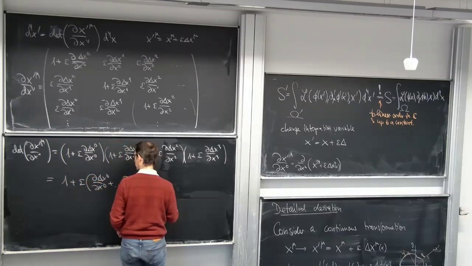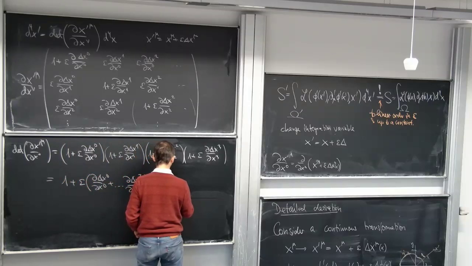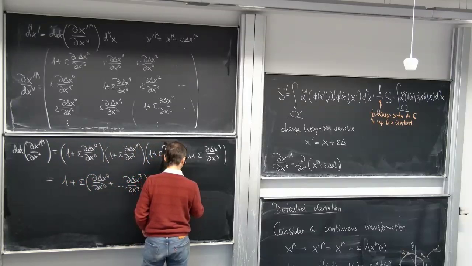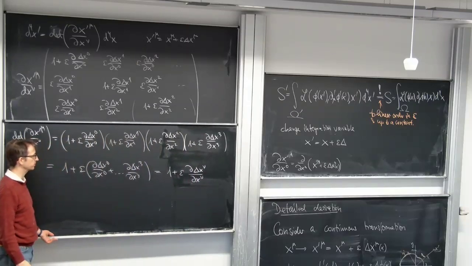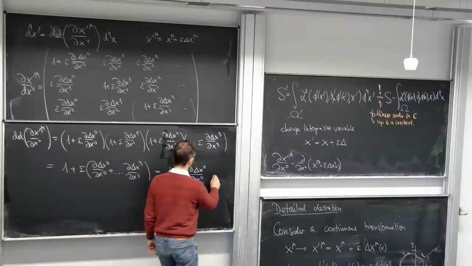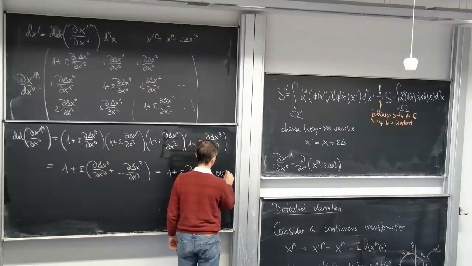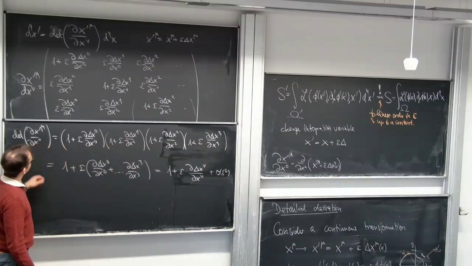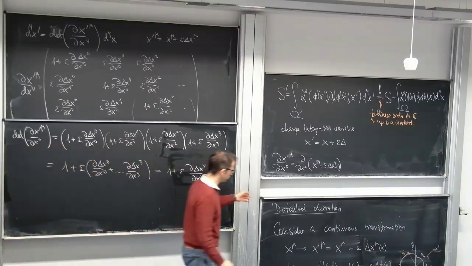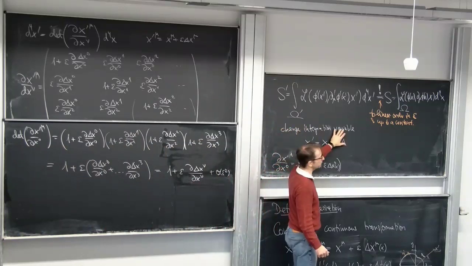And so this can be written a little shorter as 1 plus epsilon d delta x mu by dx mu, with the summation convention. That's pretty neat. So that is the determinant, of course, only plus epsilon squared. I should have written this everywhere. Good. Where were we? We wanted to change the integration variable.